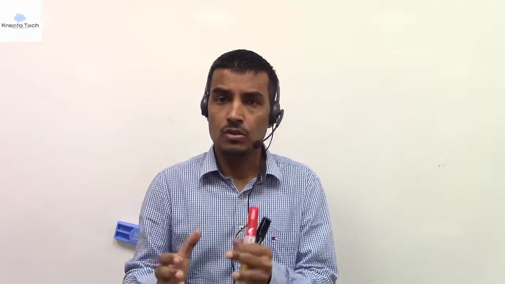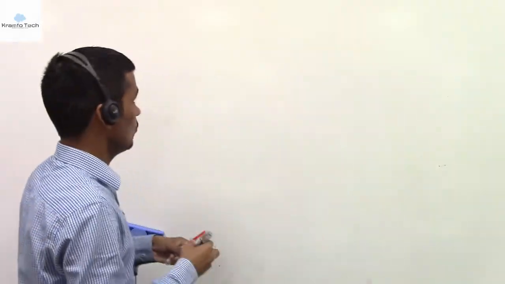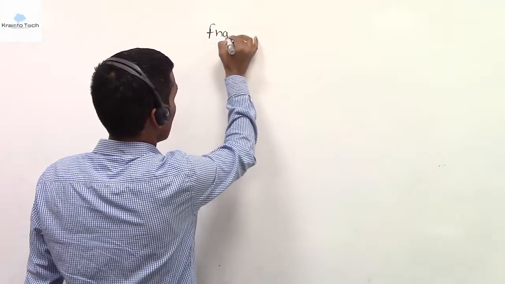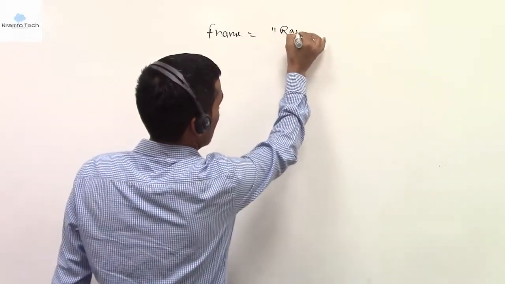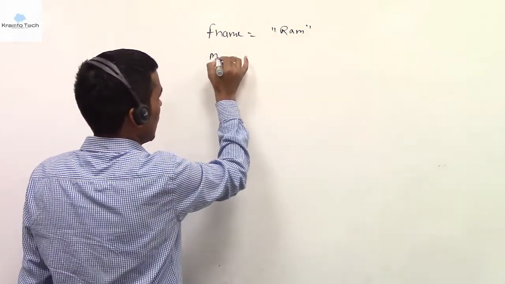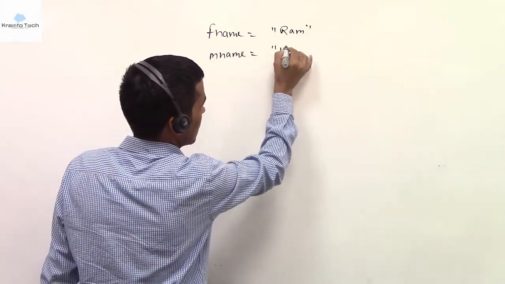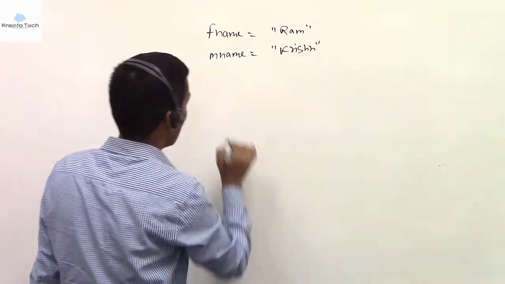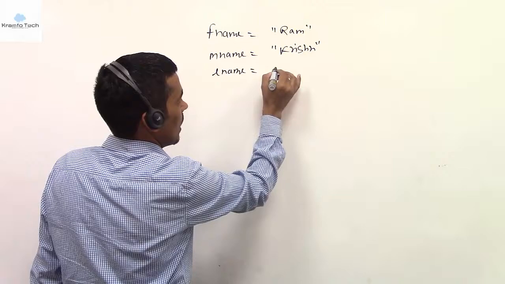Sometimes you have more than two or three string variables and you want to perform concatenation. For example, an employee has a first name, middle name, and last name, and sometimes you have to concatenate them so that it comes as a full name. Let's discuss this example. We have one string f name where you assign Ram, a middle name m name where you assign Krishn, and an L name where you assign Mishra.